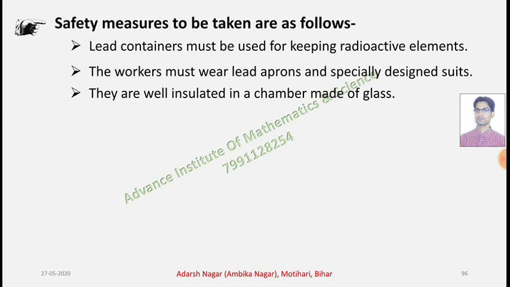The worker must wear lead aprons and specially designed suits. Workers who are working in a nuclear reactor plant must wear a lead apron that will protect them from radioactive elements and any hazardous effect.